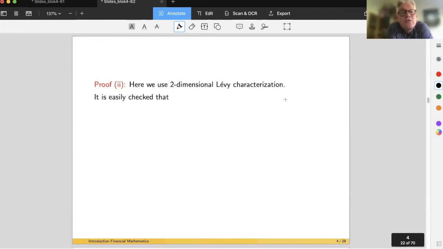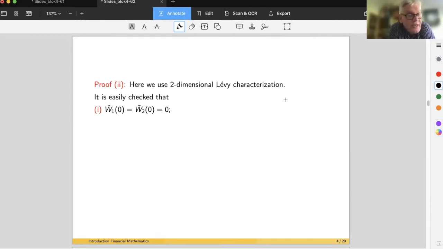We will use the two-dimensional Lévy characterization for Brownian motion. And there are some things that are easily checked. First of all, W tilde_1(0) is equal to W tilde_2(0) is equal to 0. And there are some other terms. You recall continuous paths. The quadratic variation should be equal to t.